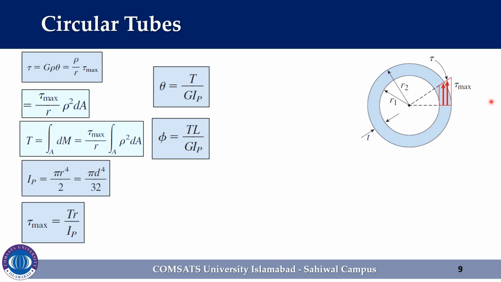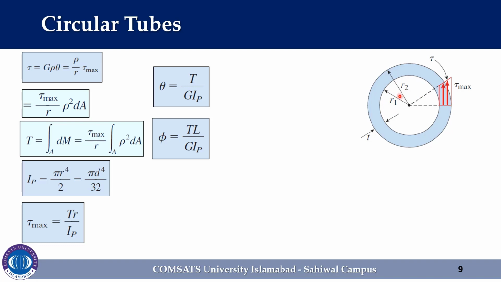However, the analysis of the torsion of a circular tube is almost identical to that for a solid bar. The same basic expressions for the shear stresses may be used. Of course, the radial distance rho is limited to the range of R1 to R2, where R1 is the inner radius and R2 is the outer radius of the bar.